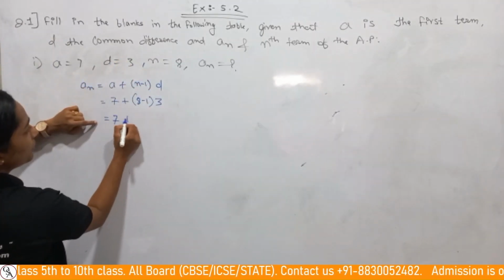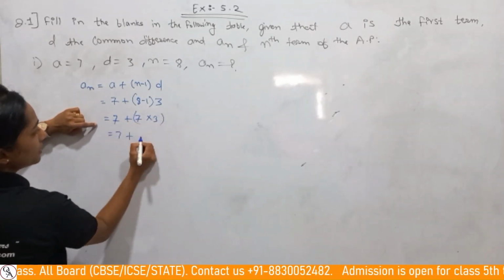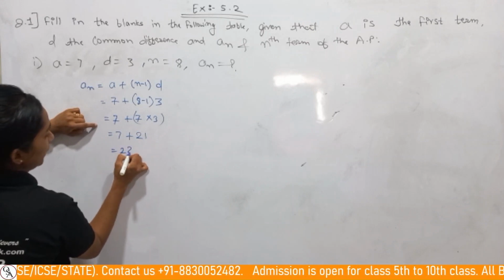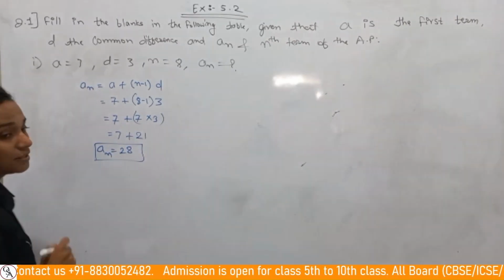So 7 plus 7 into 3, that is 7 plus 7 threes are 21, and the answer is 28. So my nth term, the first question answer, is 28.